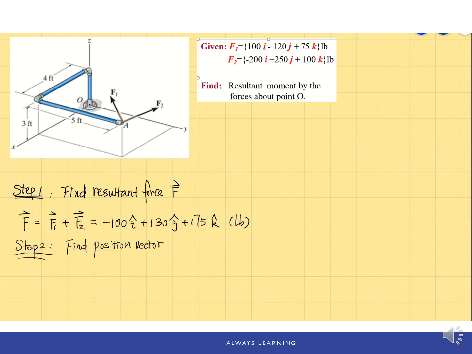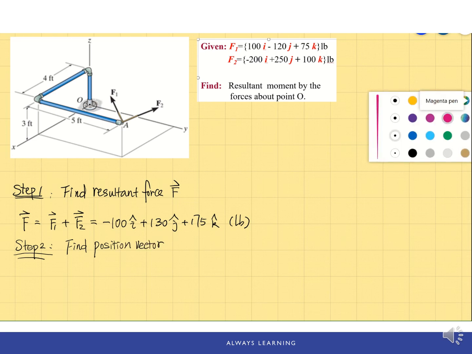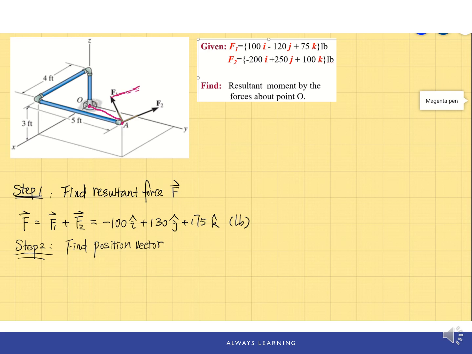In step 2, find the position vector. And this position vector can be any position vector from the point O to any point on the line of action. So in this case, there's only one point available on the line of action when we add these two forces together. Oh, by the way, if you're going to draw the resultant force F, it will look like this.